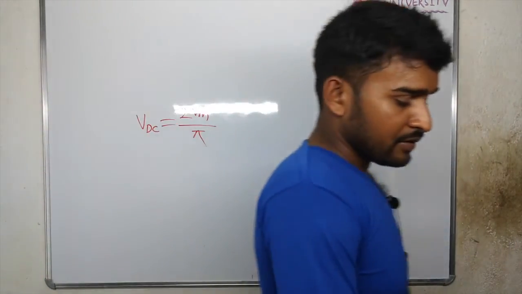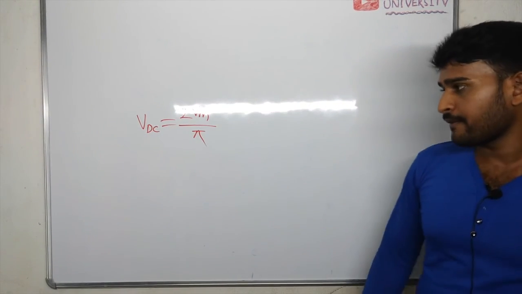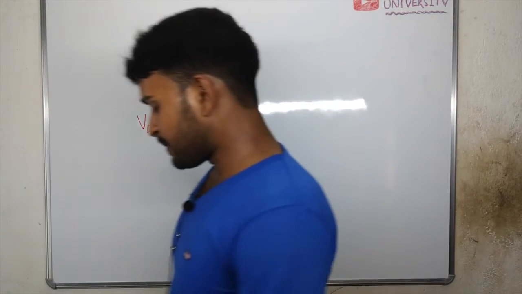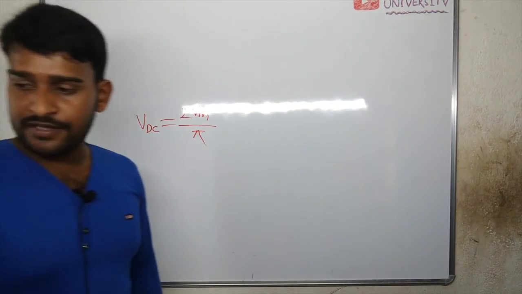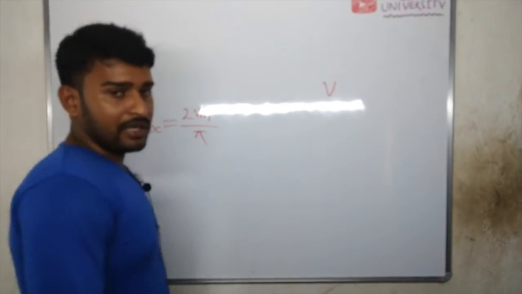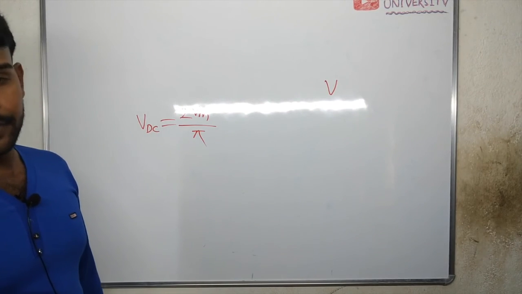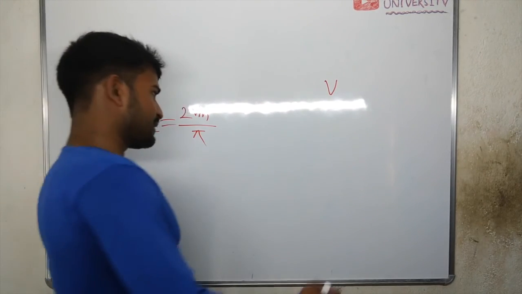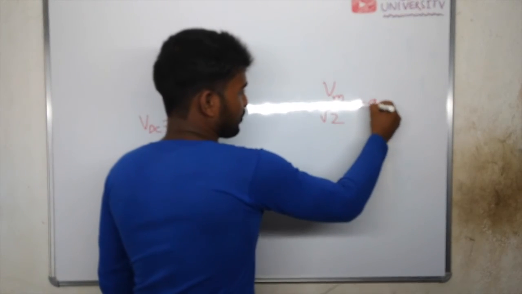The question is about finding the DC output voltage of the bridge rectifier, and the AC input of 9 volt is given. That is nothing but the RMS voltage of the input signal, so Vm by root 2 is given to be 9 volt.